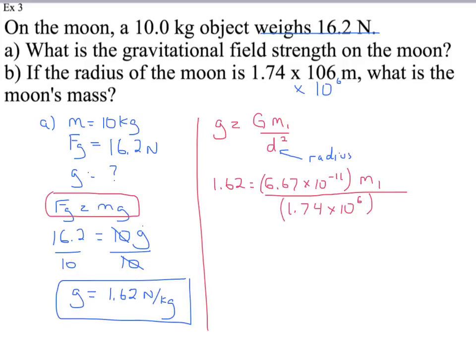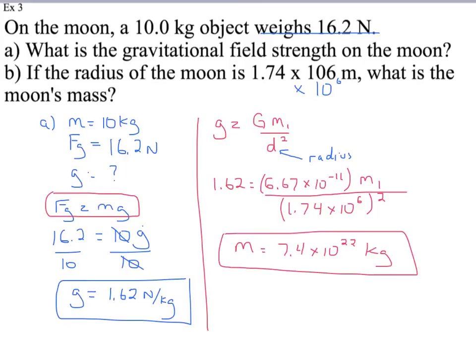And I keep saying this, but don't forget to square it. We rearrange just like we did in one of the other questions, and we're going to solve for this and find that the moon's mass is 7.4 times 10 to the 22 kilograms. And there's the mass of the moon.